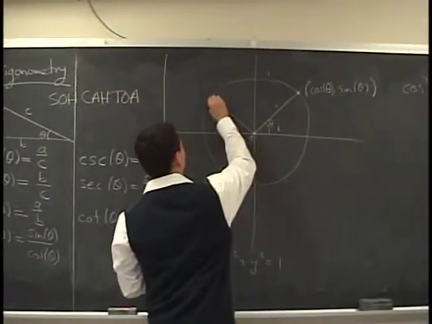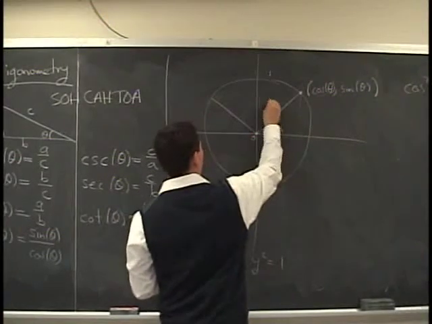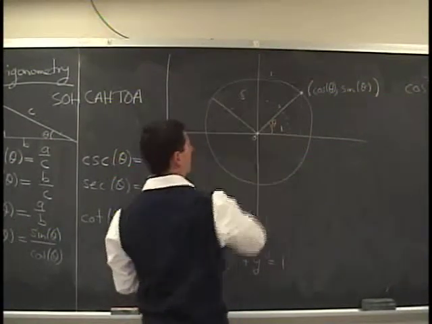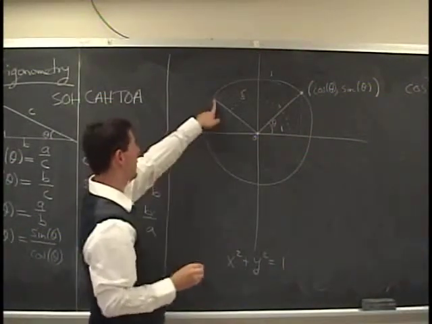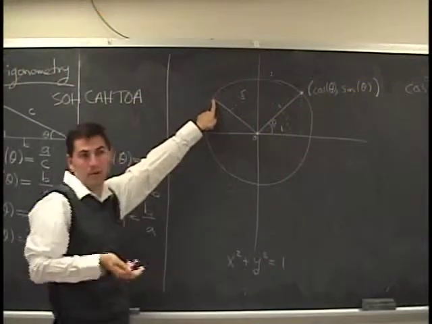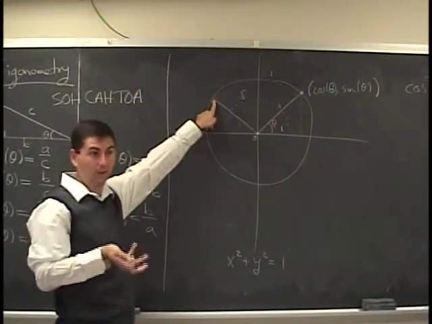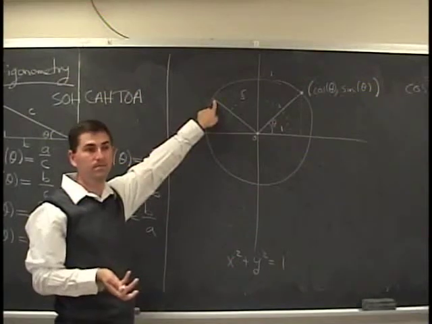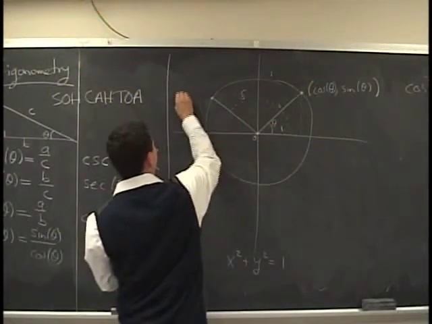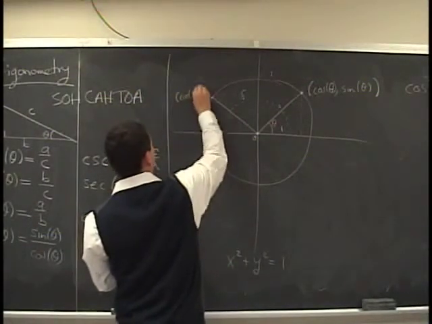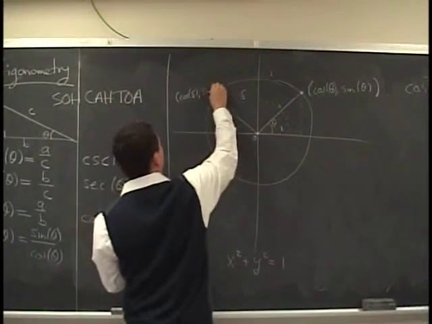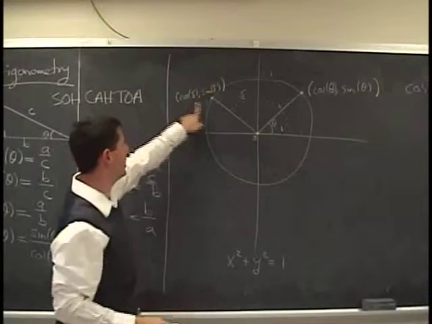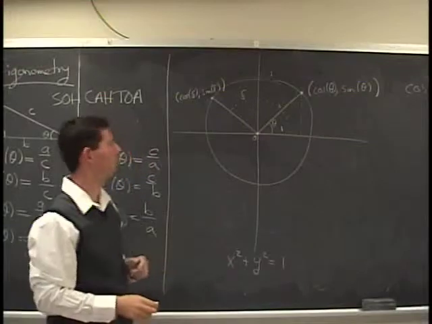I can make this my angle, that'll be delta. And it makes just as much sense to define the x-coordinate and the y-coordinate here, and I can define what my cosine and my sine are. Here, I get cosine of delta, sine of delta. And that's the cosine of this angle, and that's the sine of this angle.